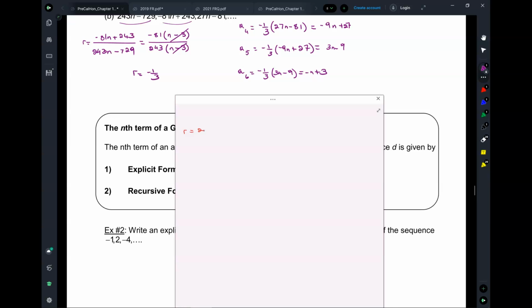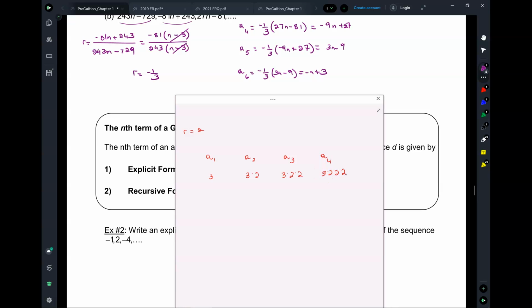Now suppose A1 is 3. What's A2 going to be? It's going to be 3 times 2, correct? A3 is going to be 3 times 2 times 2. And A4 is 3 times 2 times 2 times 2.